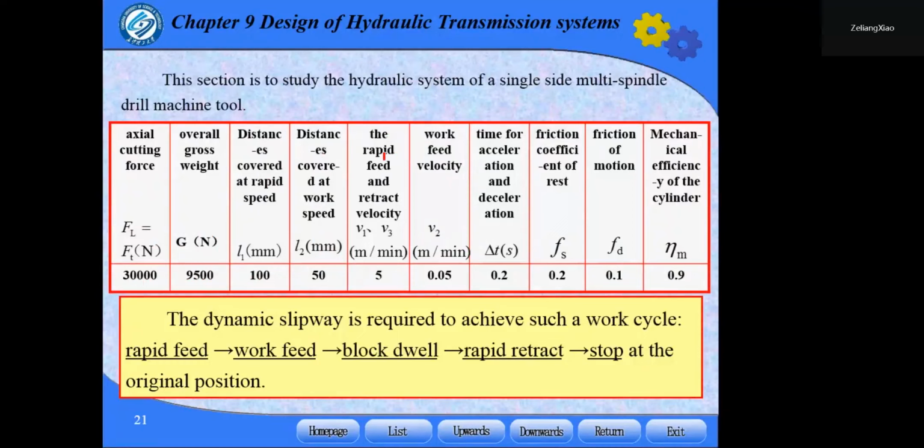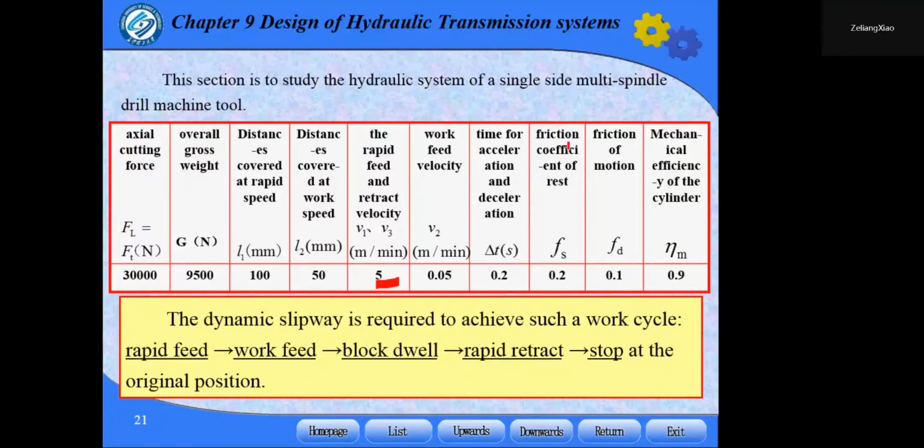The rapid feed and retraction velocity is 5. Working feed velocity 0.405. Acceleration time 0.2 seconds.